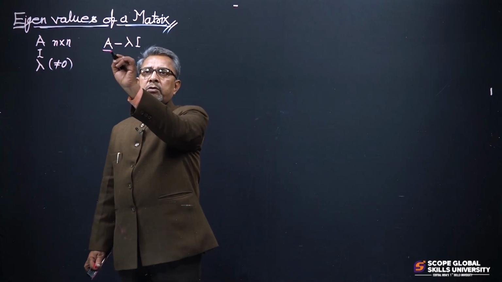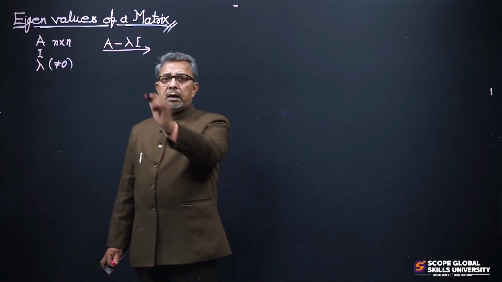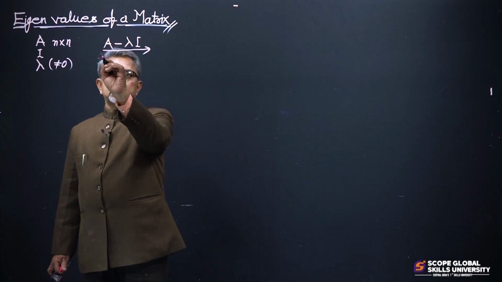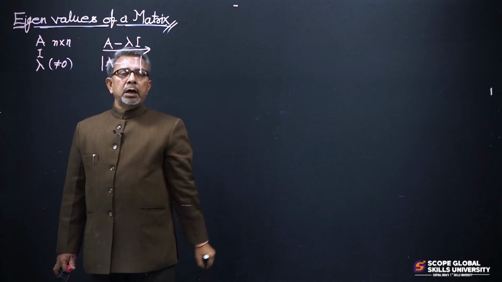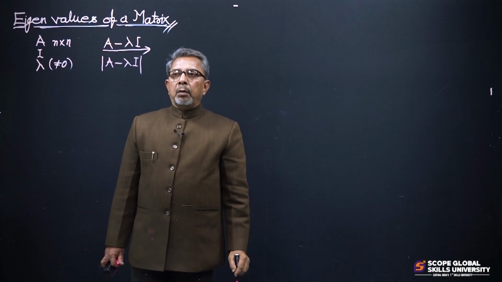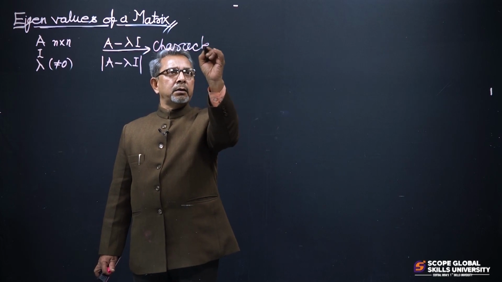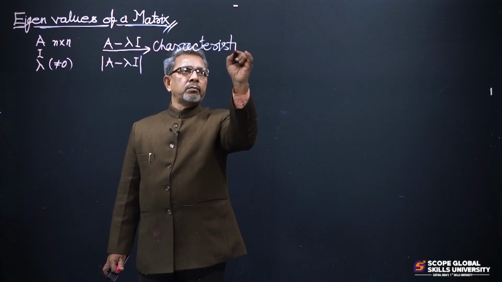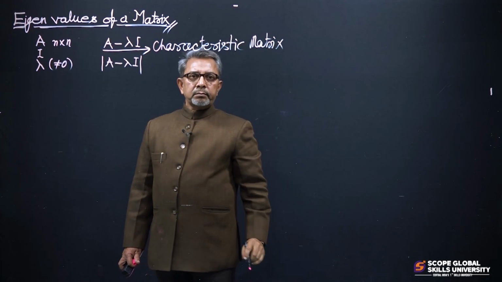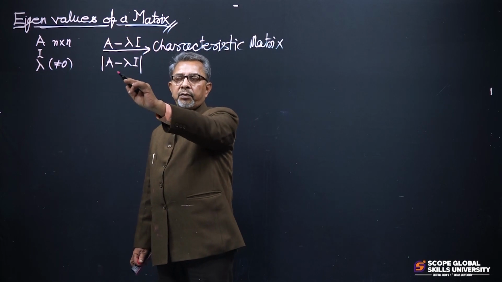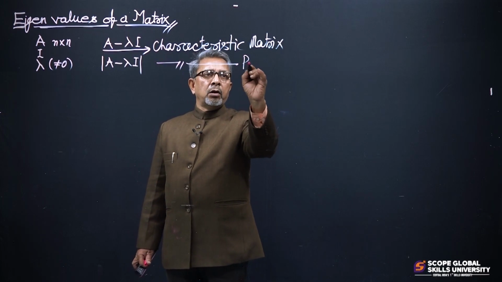This matrix is known as the characteristic matrix, and its determinant, that means the determinant of A minus lambda I, is known as the characteristic polynomial. This is the characteristic matrix, whereas this determinant of A minus lambda I is known as the characteristic polynomial.